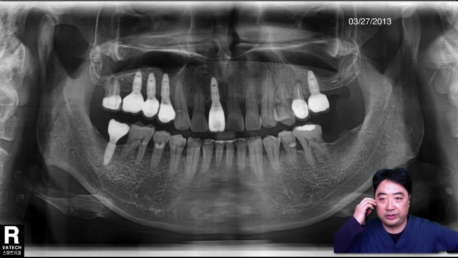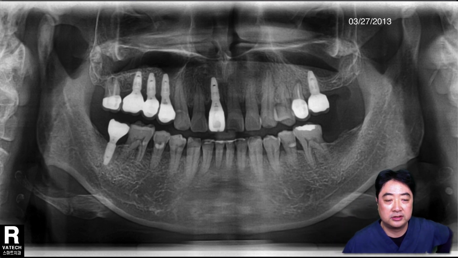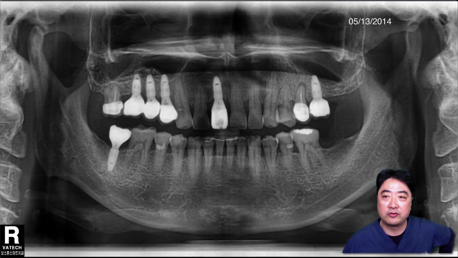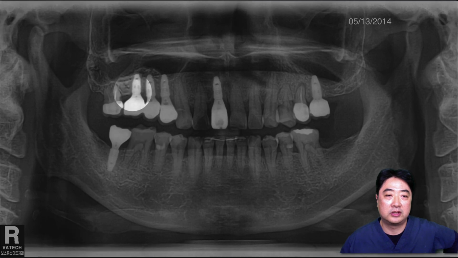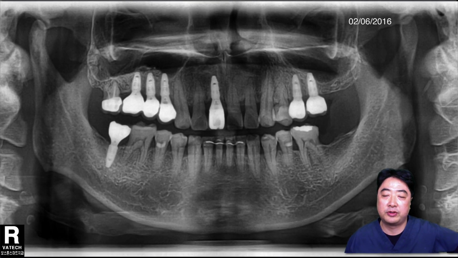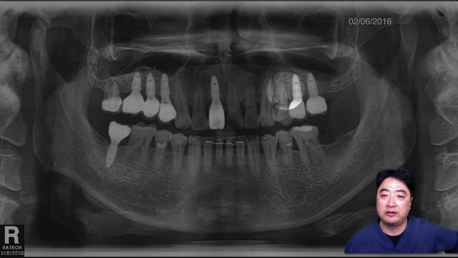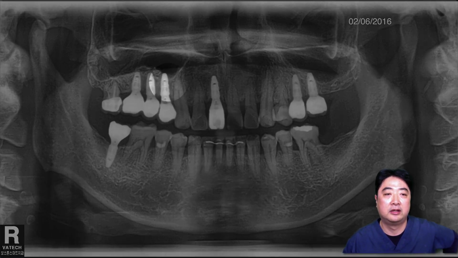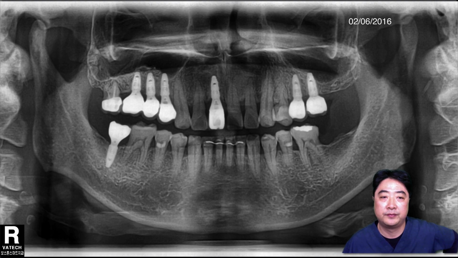This is immediately after delivery of the restoration, March 2013. A year later, in 2014, you can see it's well maintained. By that time, the patient had to replace number 25, so I did it. In February 2016, the patient came back for follow-up.